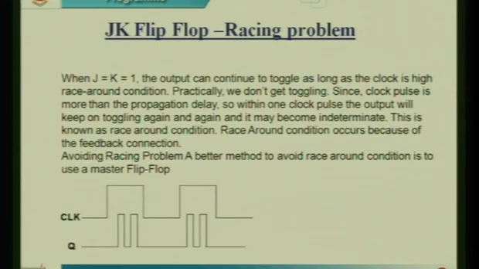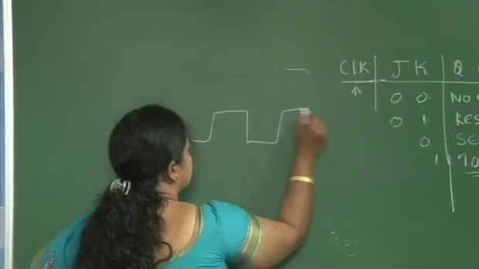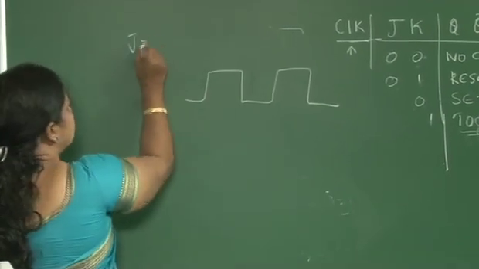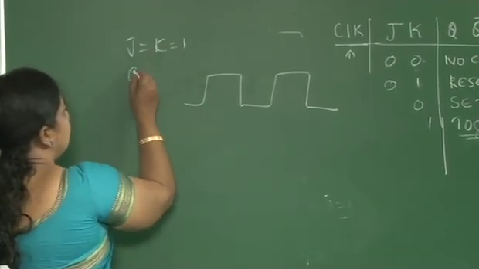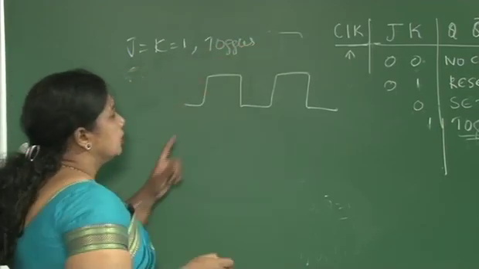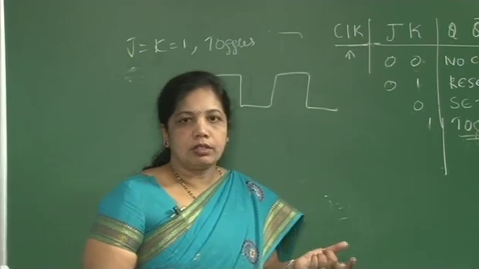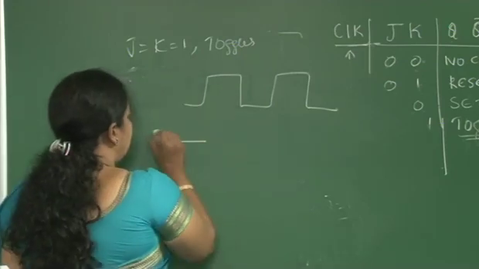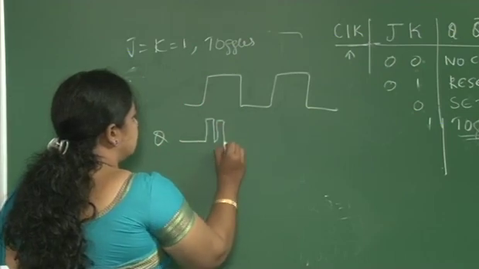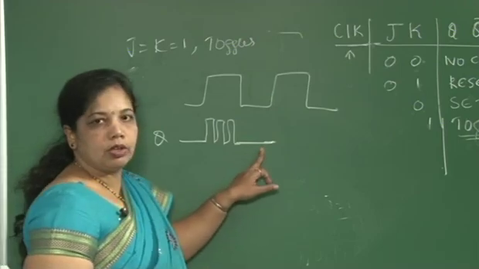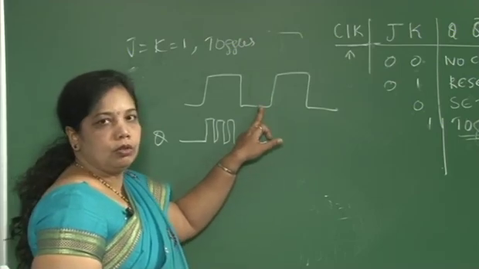As I discussed, this is a clock. When my J input and K input are 1, your output toggles. Till where does it toggle? Till the clock becomes low. So my Q output will be like this. Once again 0, because my clock is low, so it doesn't toggle.